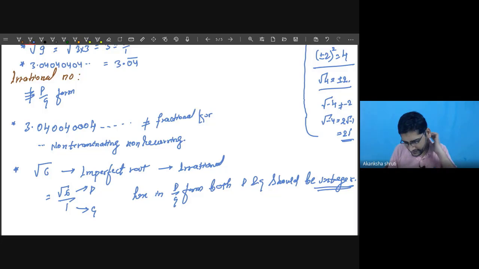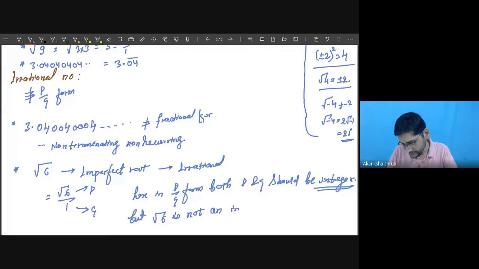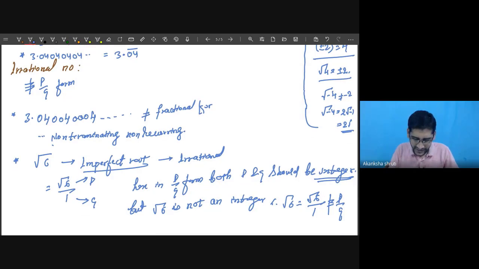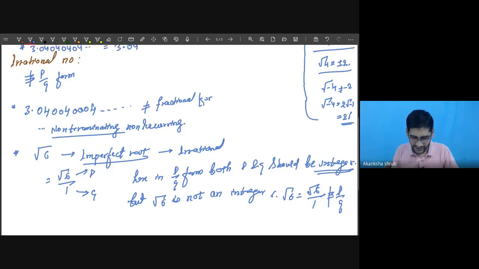But here, therefore this root 6 equals root 6 by 1 is not identical to P by Q form. Okay, students? So these things we have to understand. That's why imperfect roots fall in the category of irrational numbers, in addition to non-terminating non-recurring decimals.